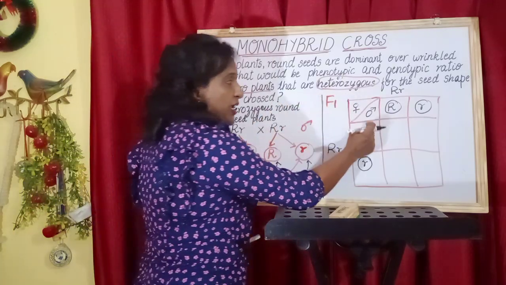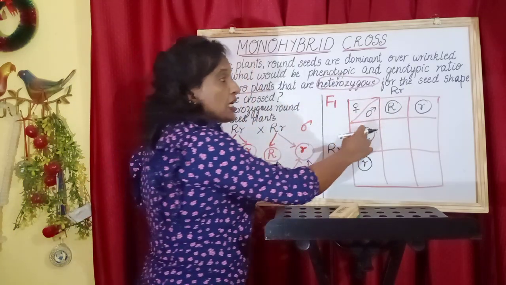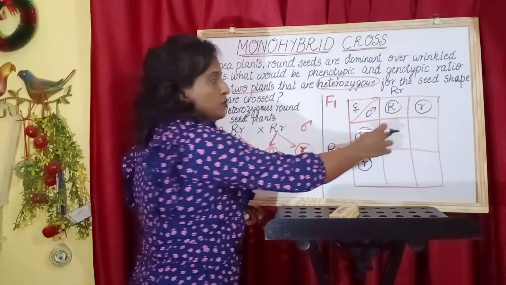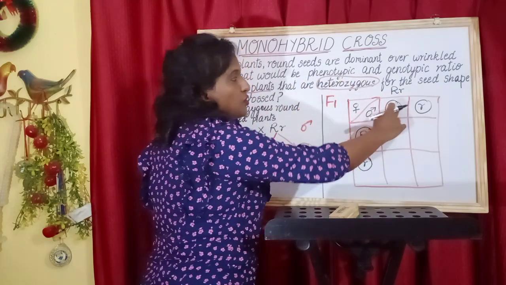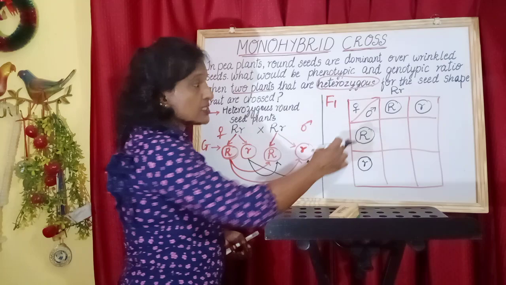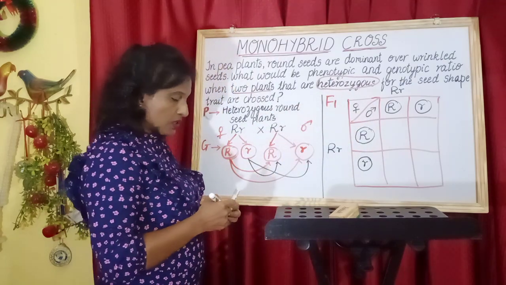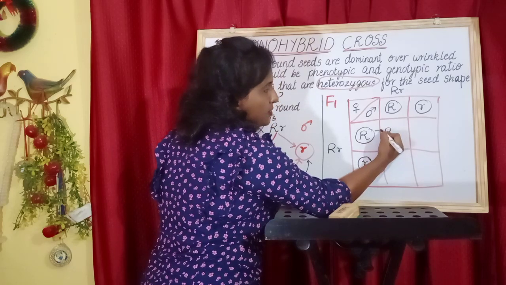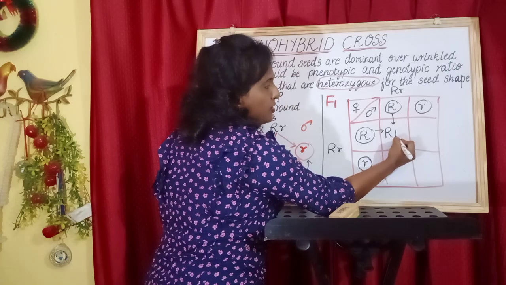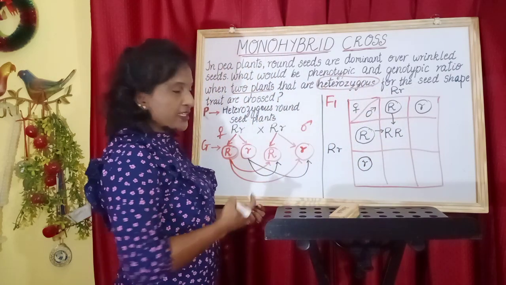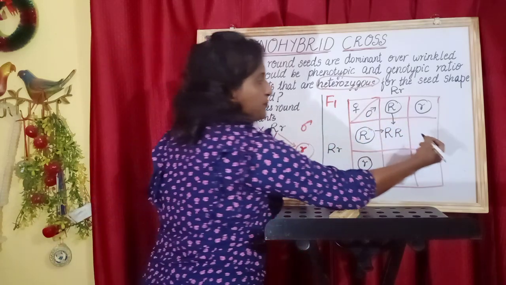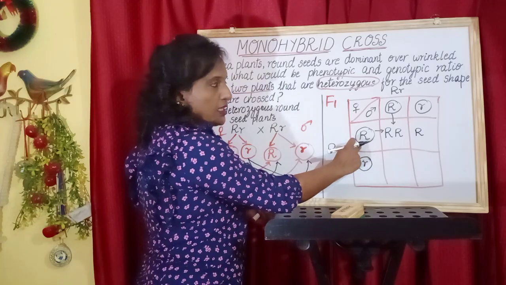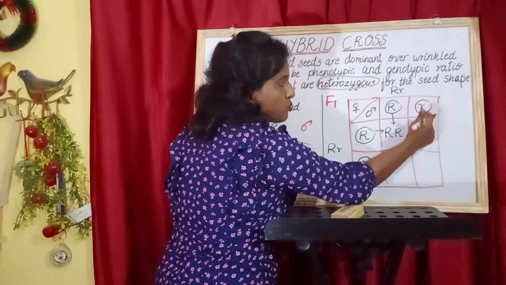Based on the gametes or alleles that are mentioned here, we have to fill these squares, both the rows as well as the columns. So how will we write it? Capital R, this particular allele, with capital R of the other parental gamete, the same way we are doing here. Then again capital R, this allele, and small r.